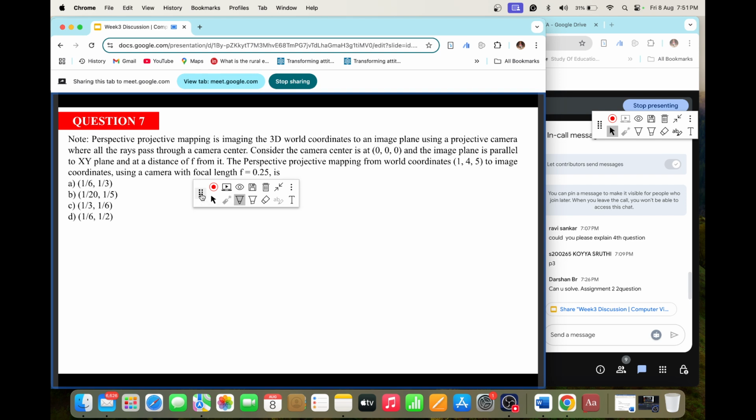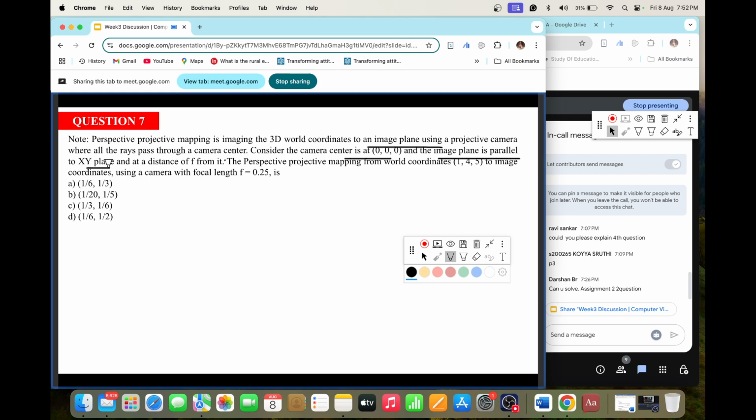Perspective projective mapping is imaging the 3D world coordinate to an image plane using a projective camera where all rays pass through the camera center. Consider the camera center is 0, 0, 0. The image plane is parallel to the xy plane, at a distance of f from it.